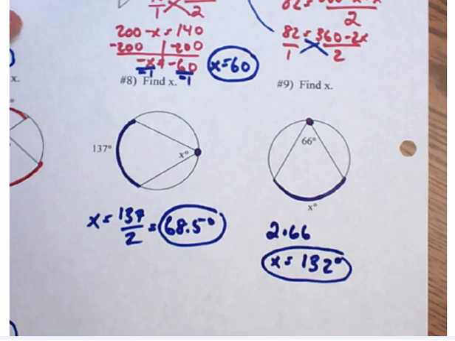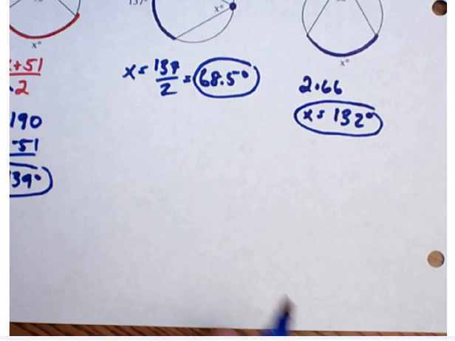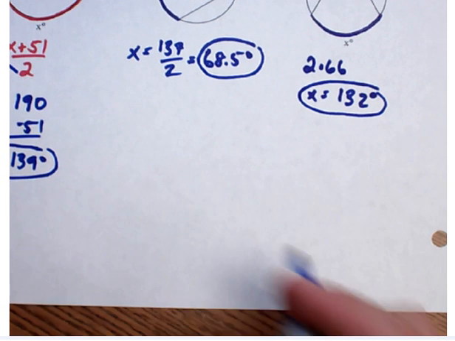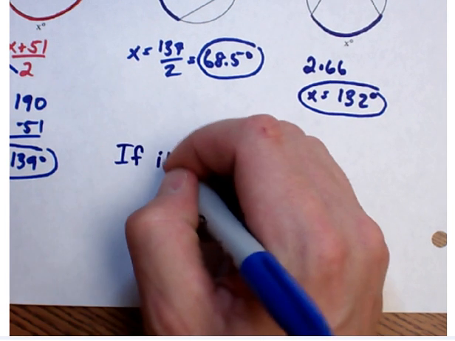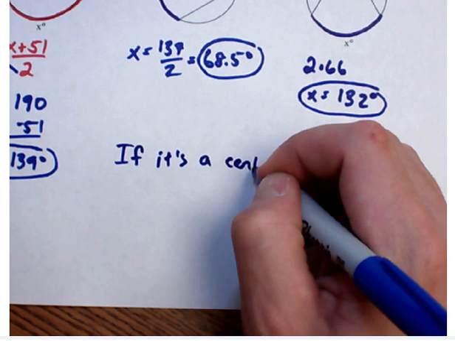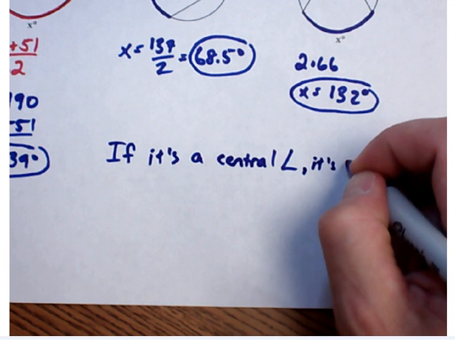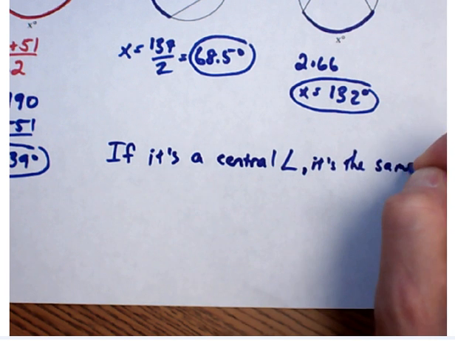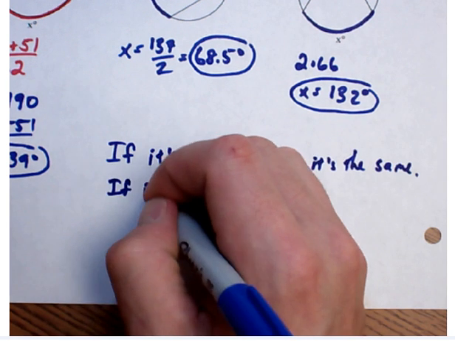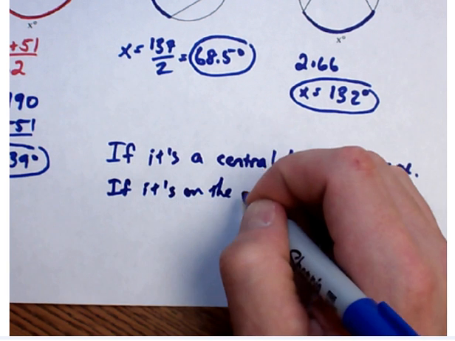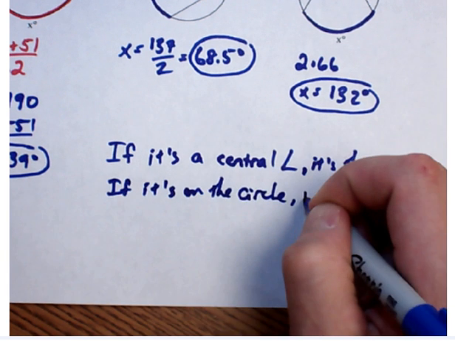But to summarize what we've done here, if you are trying to learn the song: if it's a central angle, it's the same. If it's on the circle, it's 1/2.